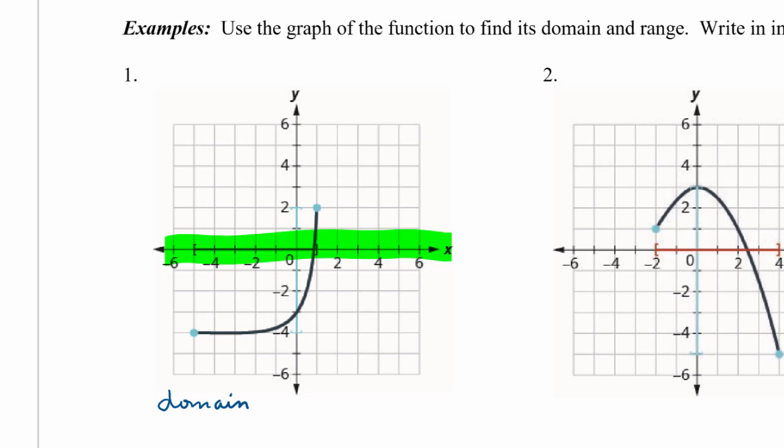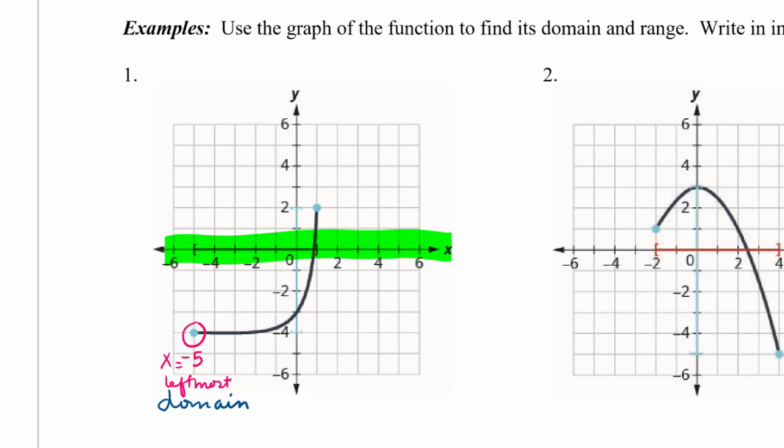And does my graph have points for all the x's in between those two values? You will see that our leftmost point is this one on the end here, and that represents the x value -5. So x is -5 as the leftmost point there.